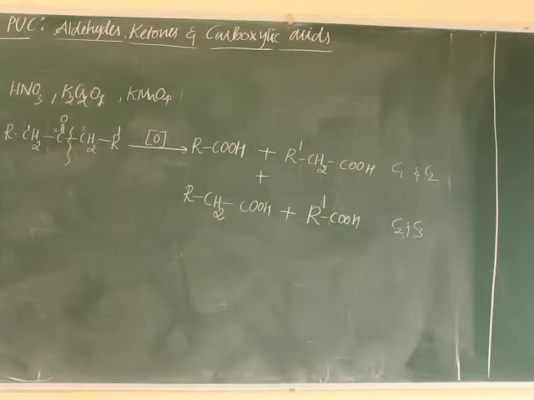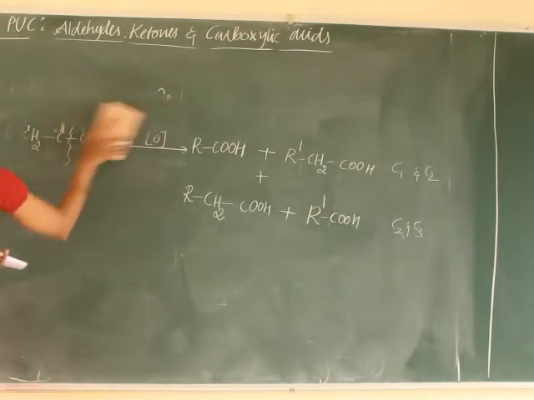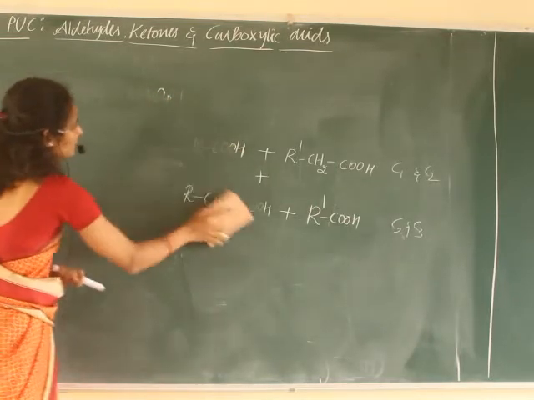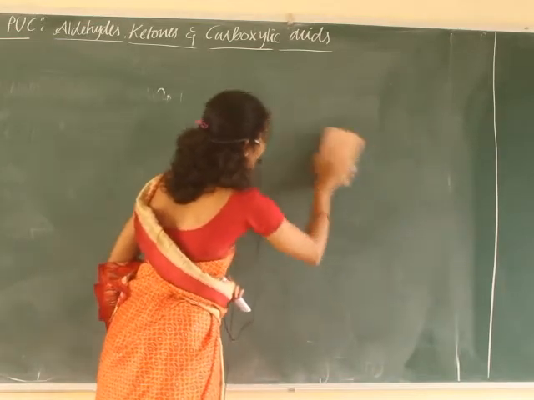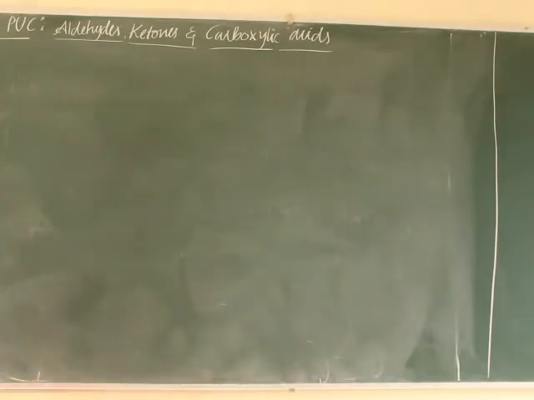Aldehyde will undergo oxidation even in presence of a milder oxidizing agent. In that, there are two main tests. In practicals, you will be having for viva, the test for aldehydes and ketones.